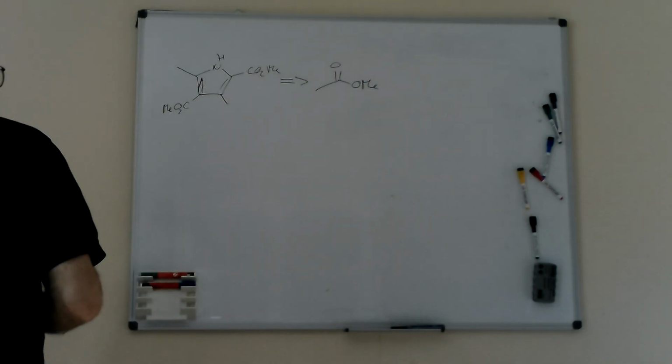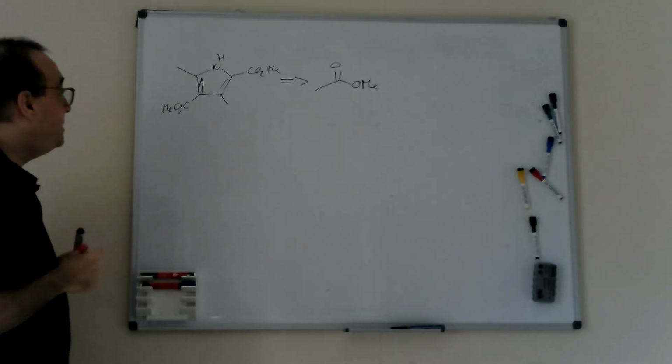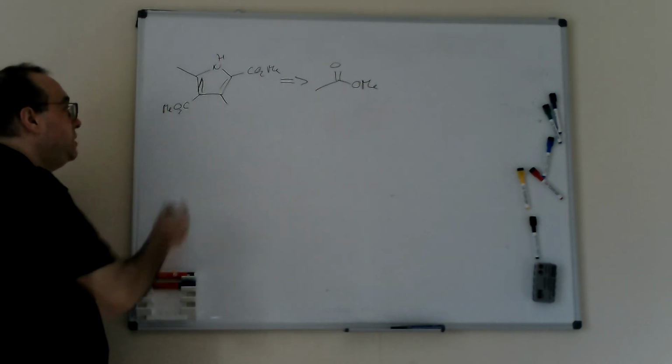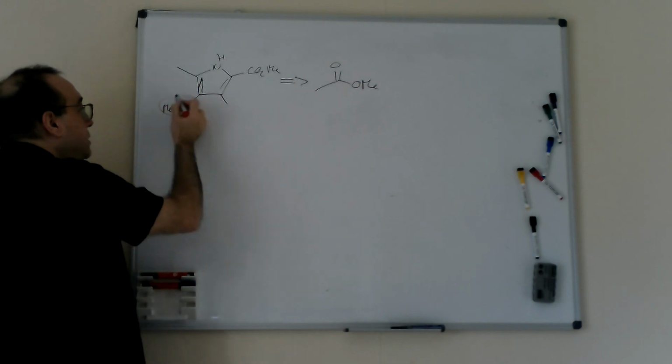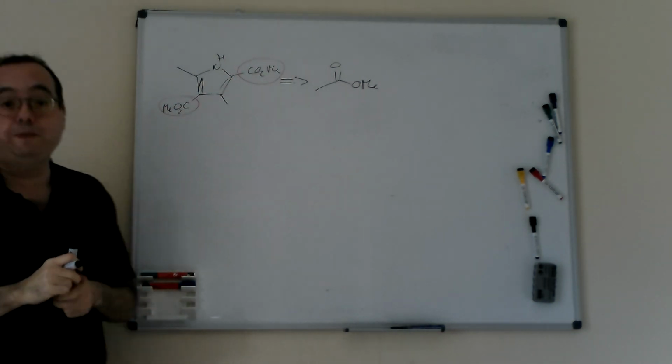Okay, the important fact is how we can synthesize this pyrrole. The first thing that we have to notice is that we have two electron withdrawing groups, two esters, in the position 2 and the position 4.